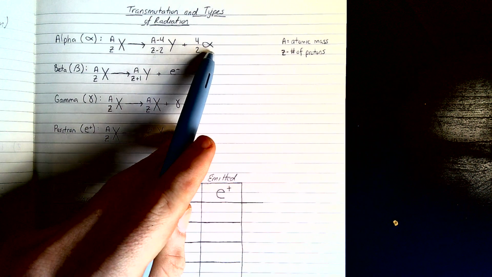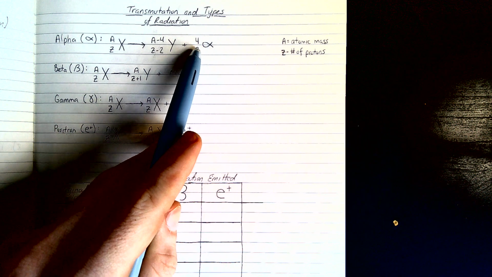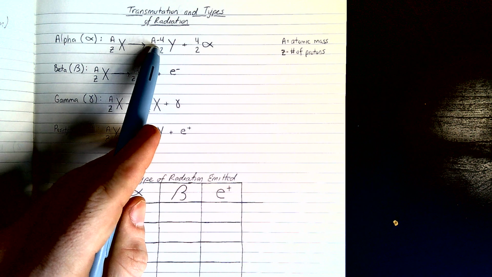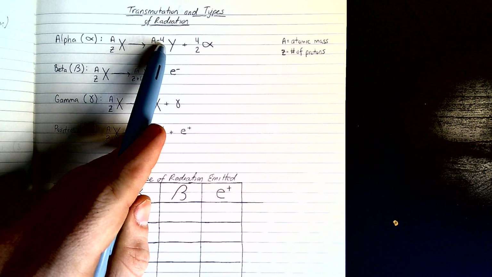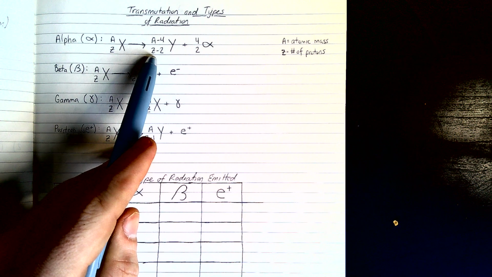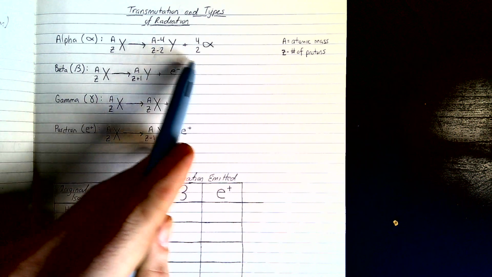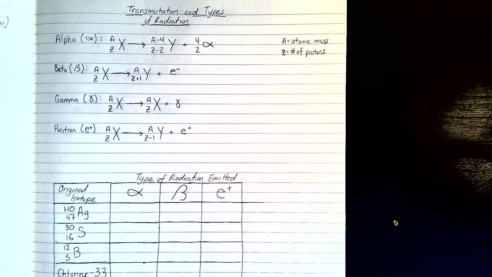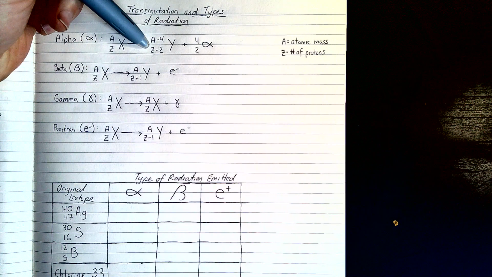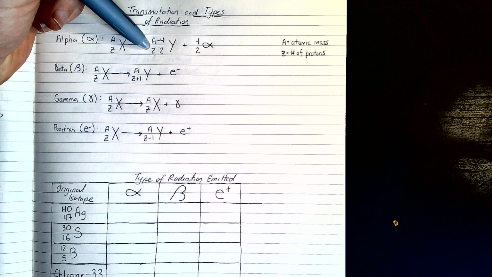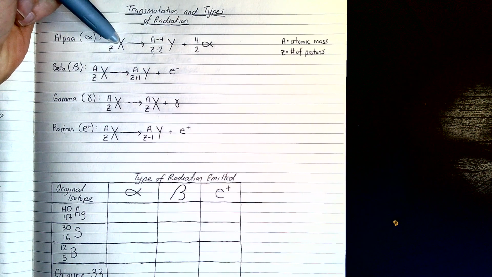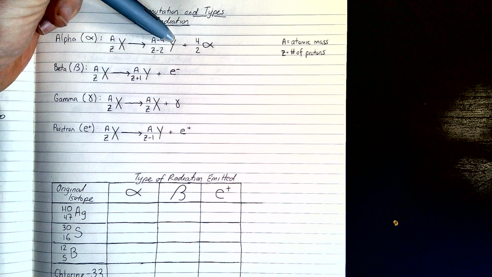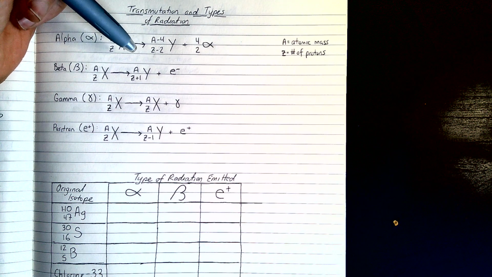If it releases an alpha particle, which has a mass of 4 and 2 protons in it, then that first element, its mass will decrease by 4, and its number of protons will also decrease by 2, because they're now part of the alpha particle, which is gone. It's been ejected from the nucleus. Since the number of protons you have defines the atom you are, then the element that you started with is not the element that you ended with in alpha radiation. Its number of protons has gone down by 2.